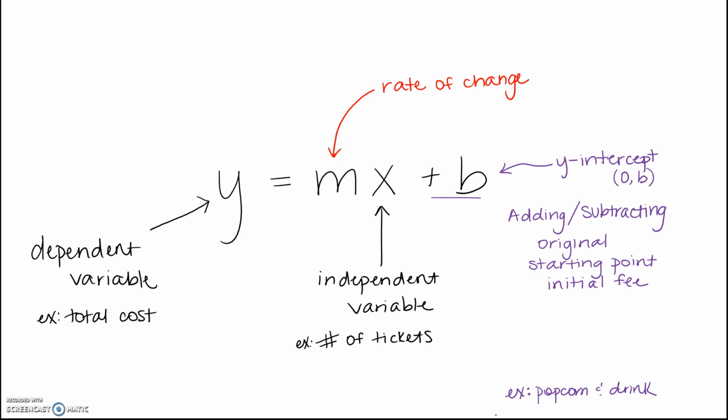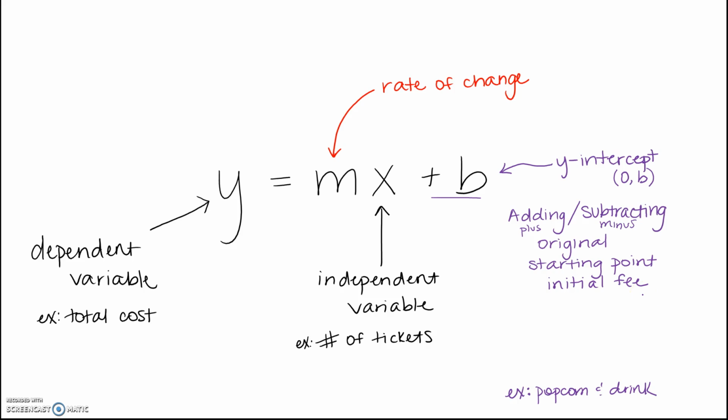So in a word problem, you're going to be looking for adding and subtracting, plus, minus, things like that. And then you're also going to be looking for something that tells you it's the original part or the starting point or the initial fee.